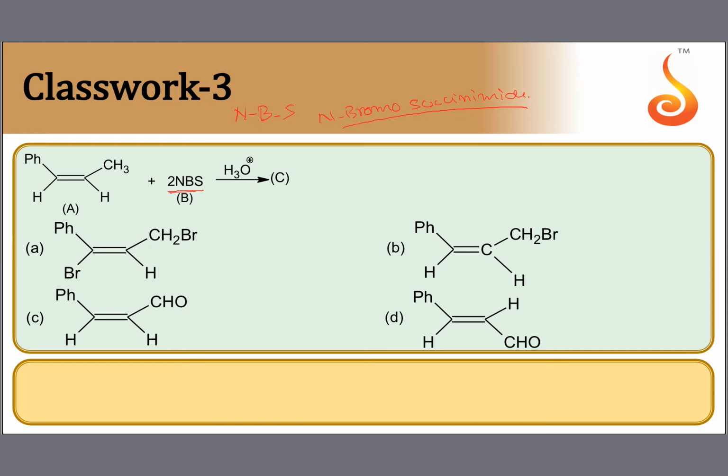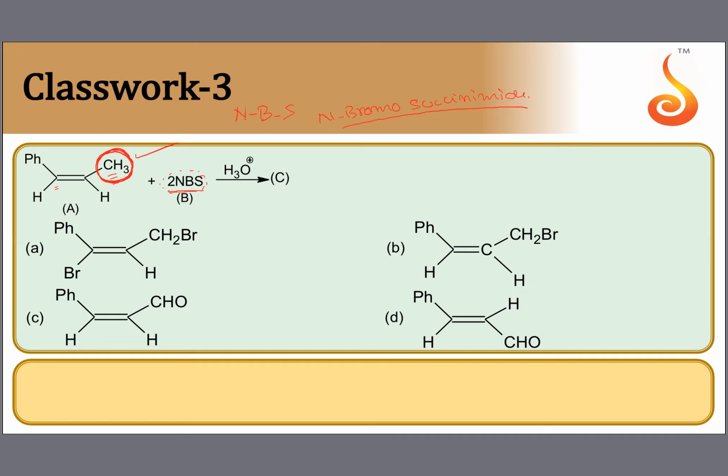First, they mentioned 2 equivalents of NBS compared with 1 equivalent of reactant. Here the CH3 carbon is the allylic carbon, next to the doubly bonded carbon. So during the bromination, allylic bromination is preferable.